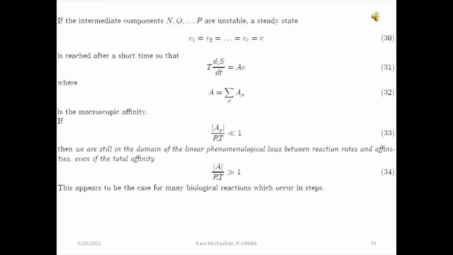So now if the intermediate components N, O, and so on up to P are unstable, that means that they transform into another product, then we will eventually arrive at a steady state in which all the velocities of all these individual reactions will be equal to each other, and so we can assign them all a single velocity v.